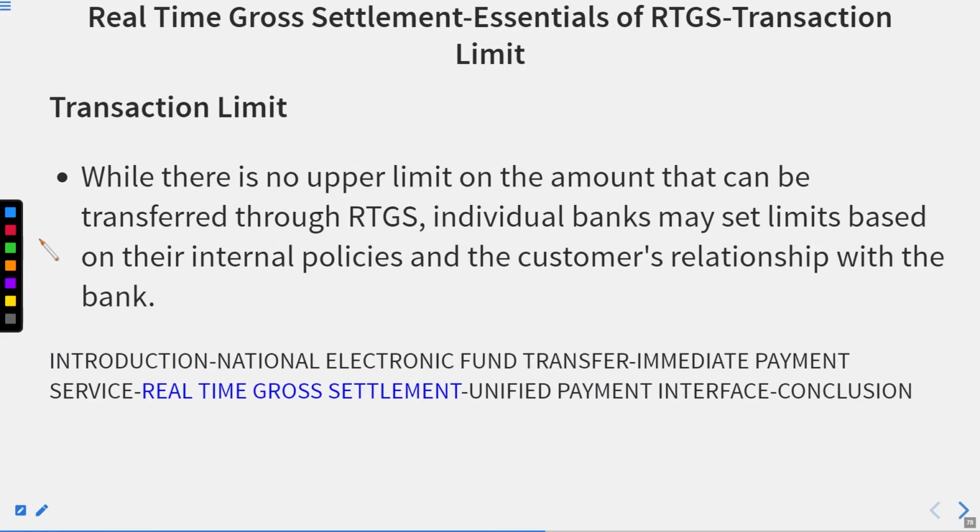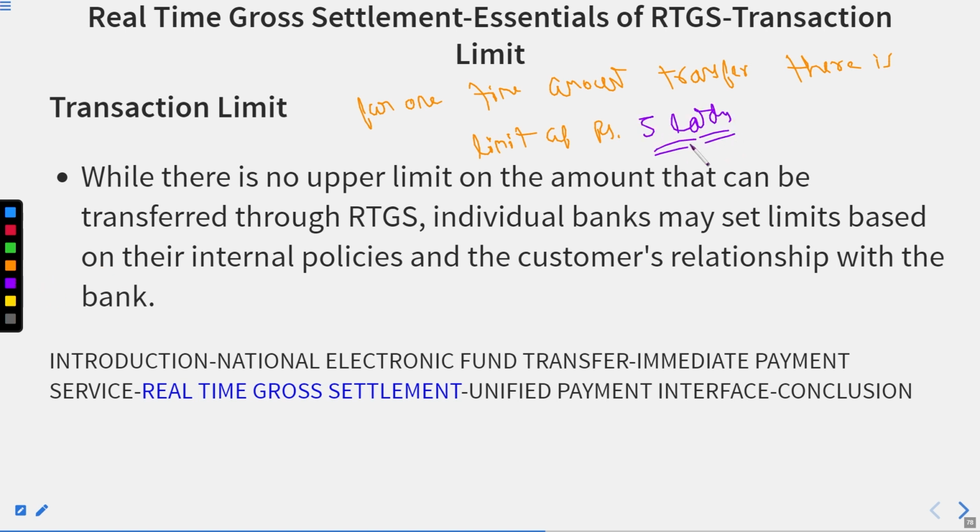Transaction limit. While there is no upper limit on the amount that can be transferred through RTGS, individual banks may set limits based on their internal policies and the customer relationship with the bank. So usually for a one-time amount transfer, there is a limit of rupees 5 lakhs.